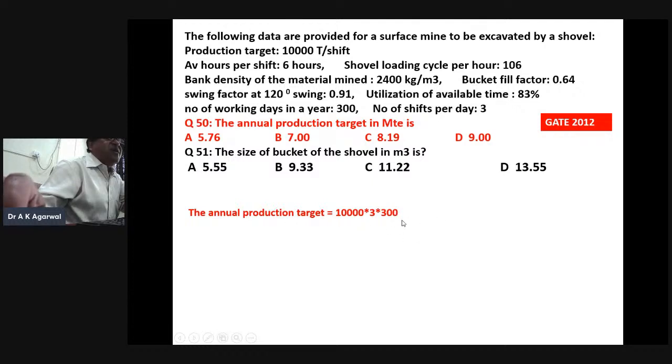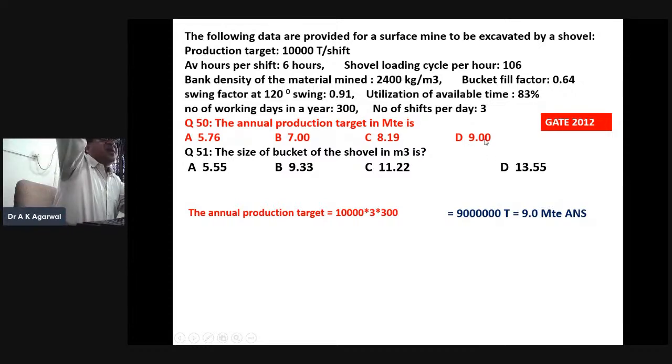So the annual production target is 90 lakh tons, or 9 million tons per annum. Answer is D, 9 million ton per annum.